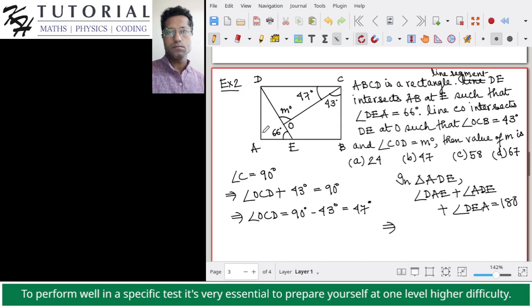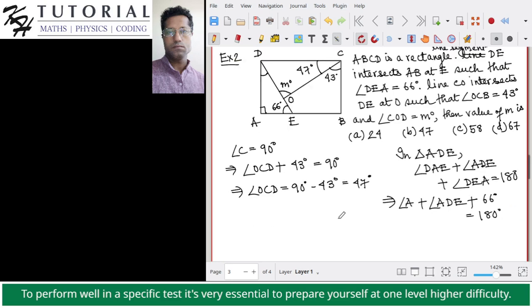Angle DAE is nothing but this right angle, the angle A of the rectangle ABCD. So we have angle A plus angle ADE plus angle DEA, and DEA is given to be 66 degrees, equal to 180 degrees.